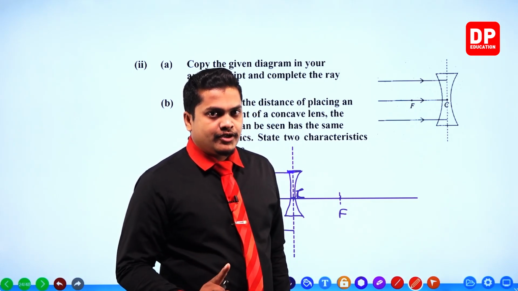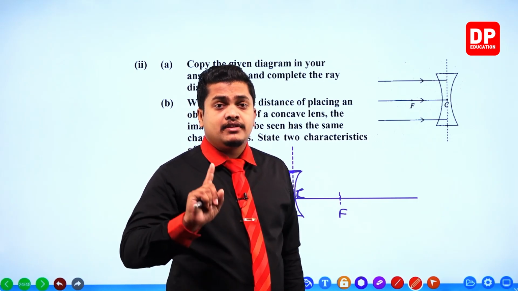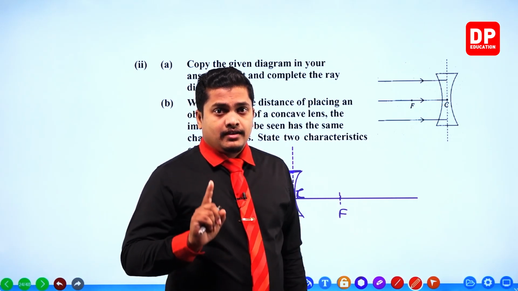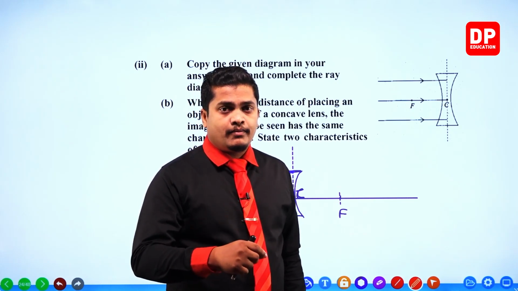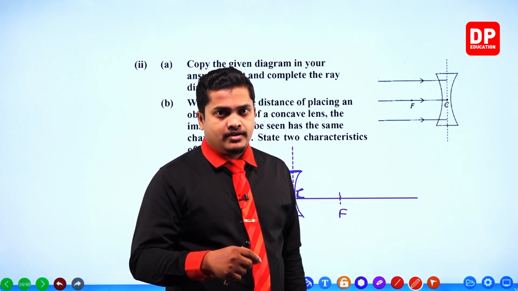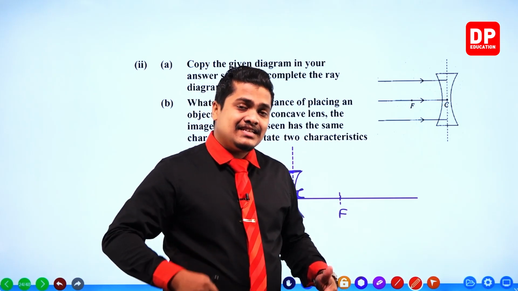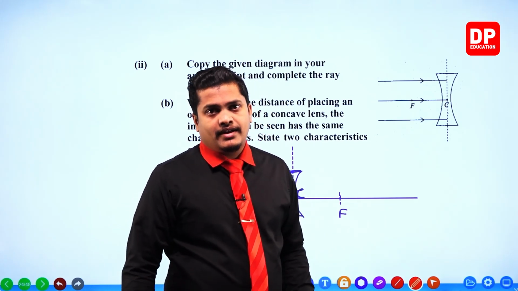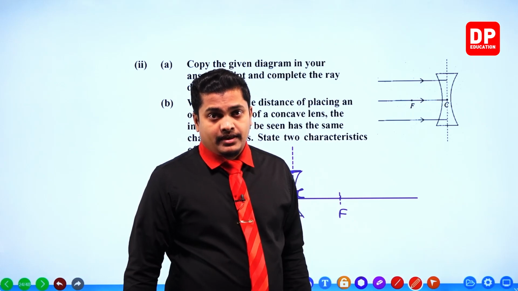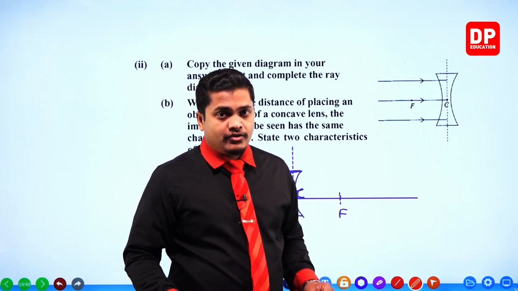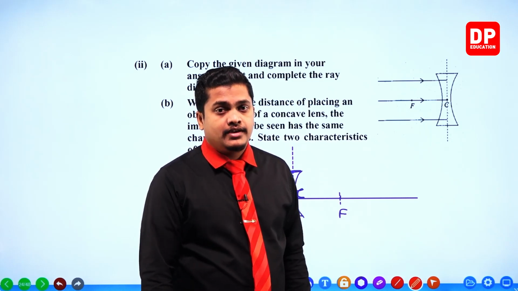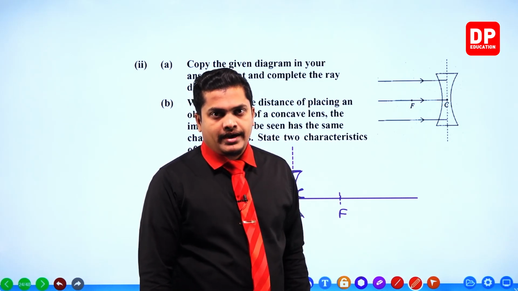But the thing is, my dear children, these diverged light rays seem to be collected at the focal point from the other end. So the lines that we need to draw from the other side should be broken lines.